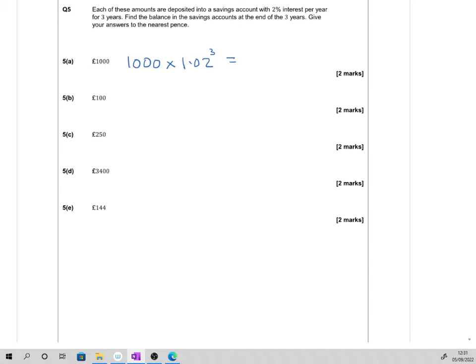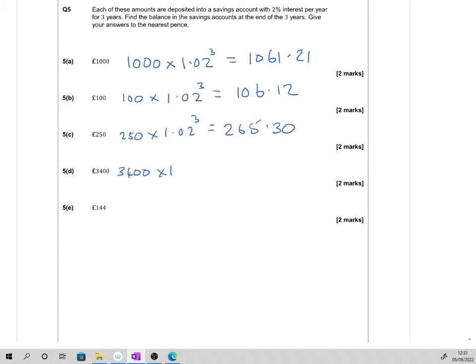So 1,000 times 1.02 cubed equals 1061.21. 100 times 1.02 cubed is 106.12. 250 times 1.02 cubed is 265.30.